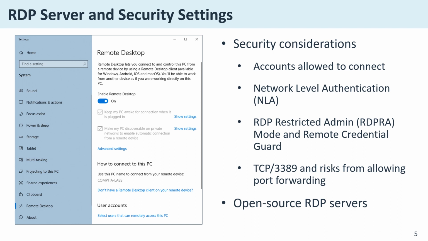This mode is particularly useful in reducing the attack surface for a type of attack called pass the hash attacks, where attackers can capture account login hashes and use them to impersonate users.